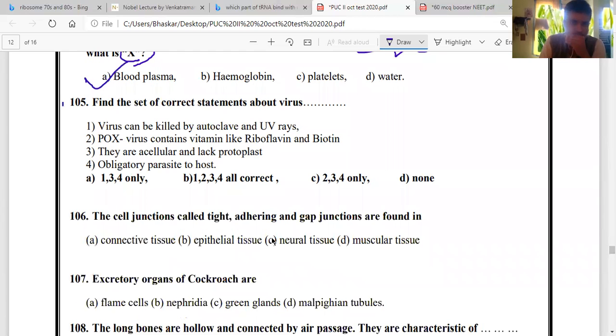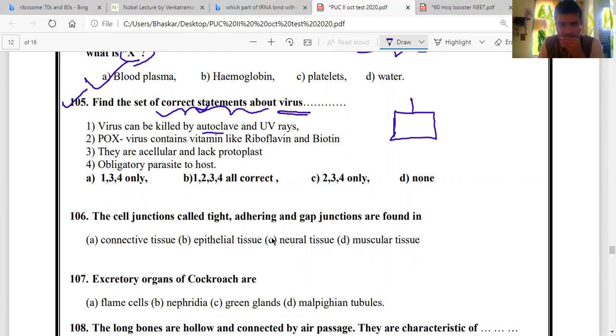This is a little bit brilliant question where they ask to find the set of correct statements. So they have given you the combination questions about the virus. The virus can be killed by autoclave. Autoclave is a device, machine, where you can put pressure and high temperature, and that can kill a number of pathogens. So that is true. And ultraviolet is a good pathogen killer and also a mutagen. Pox virus contains vitamin.